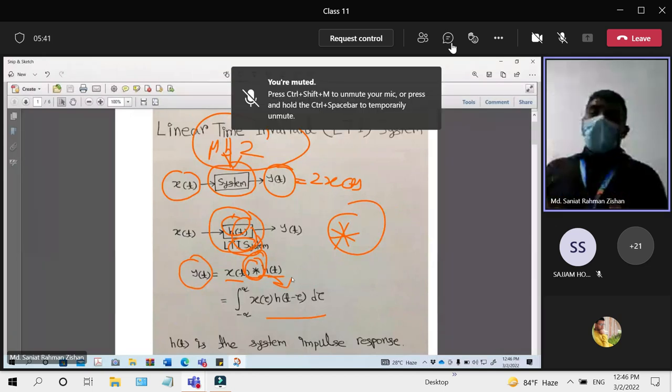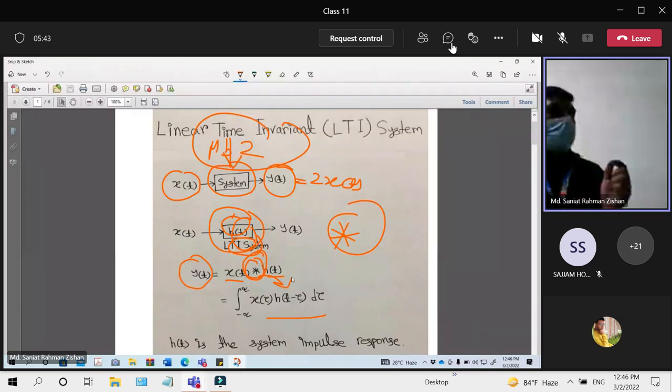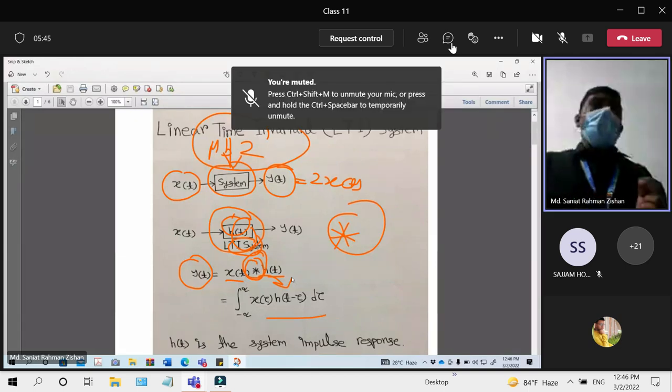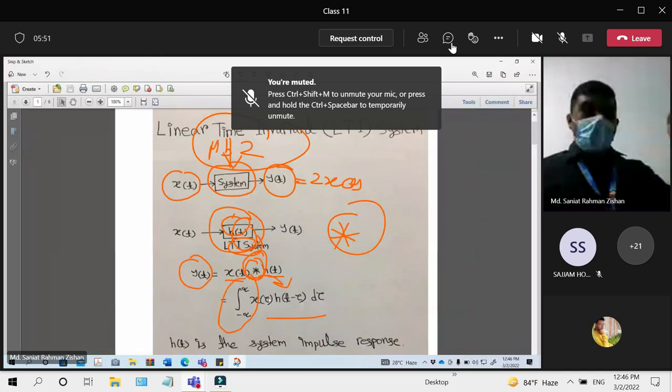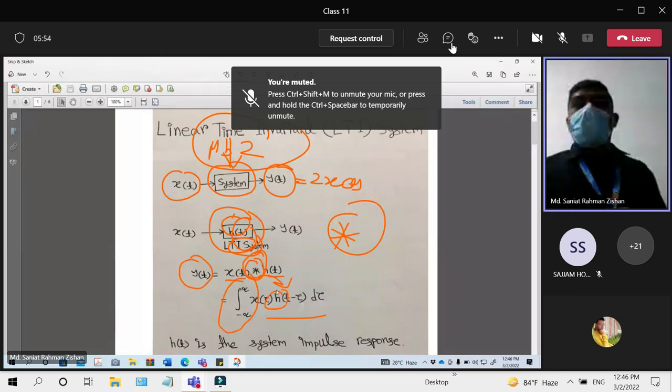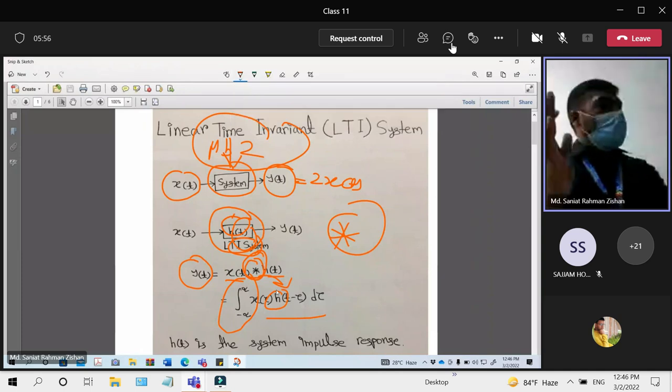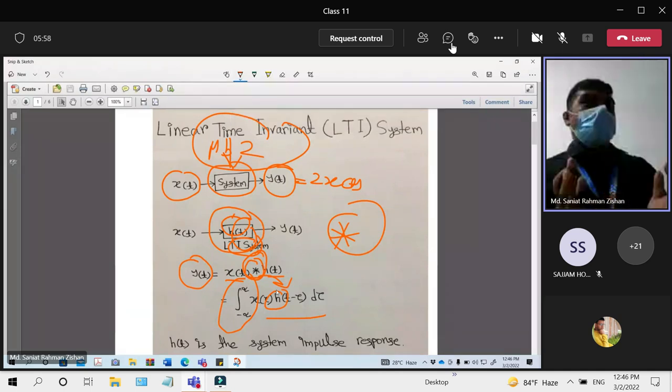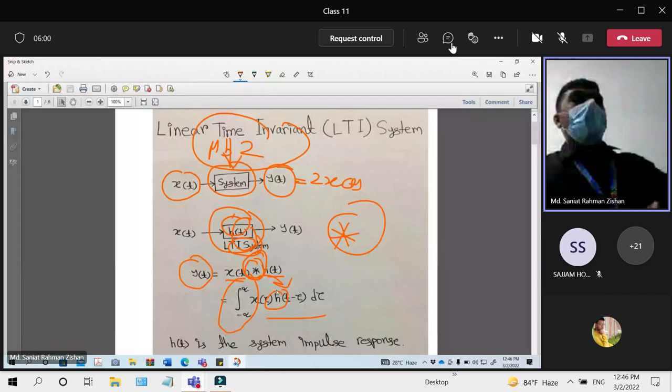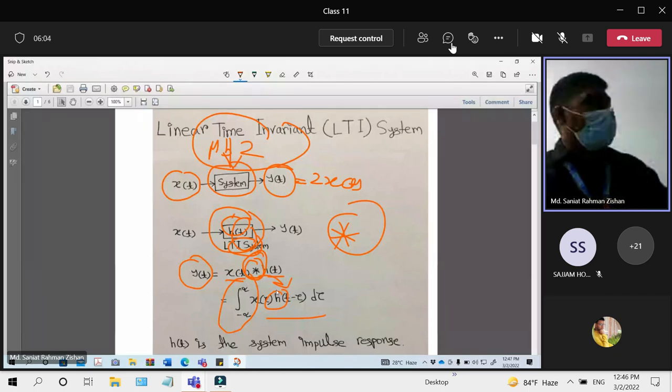If I talk about the convolution integral briefly, you need to remember that convolution means two mathematical operations. One operation is integration, and the other is multiplication. At first you need to multiply x(tau) and h(t minus tau), and then you need to integrate the resultant signal. That is called convolution.